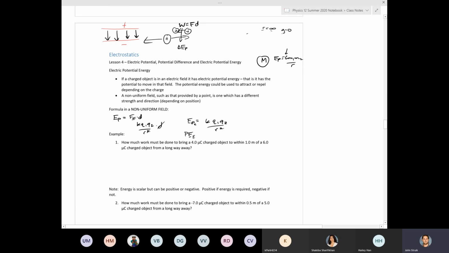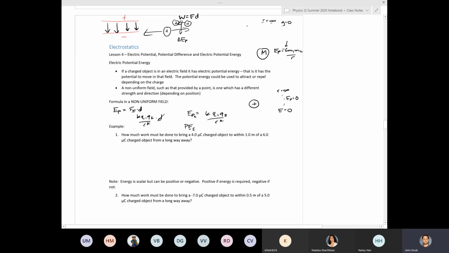Okay, we're going to do the same thing here, but we don't need a negative here because it can repel or attract. And so when we relate a positive charge, we're relating to when R equals infinity, EP will equal 0, and that's because the electric field is 0. Okay, so we're still relating that to a point of infinity, just like we did with gravity.